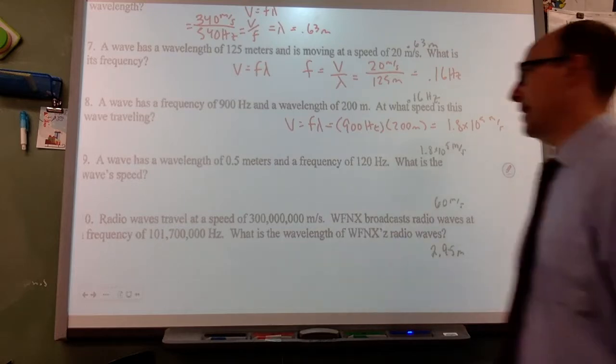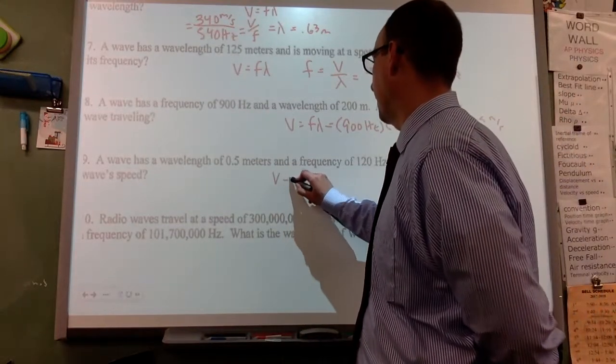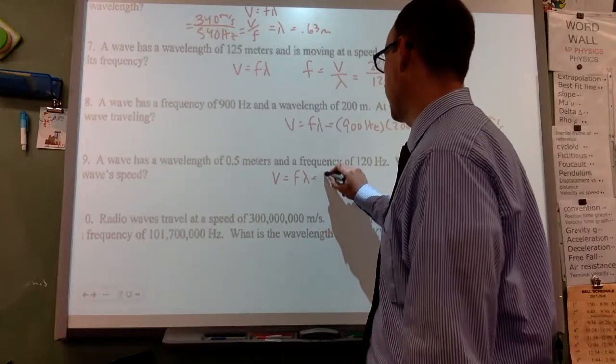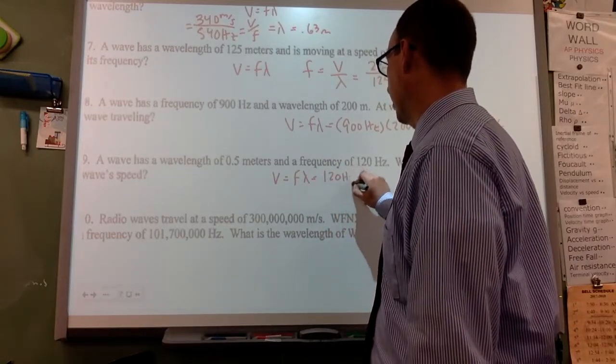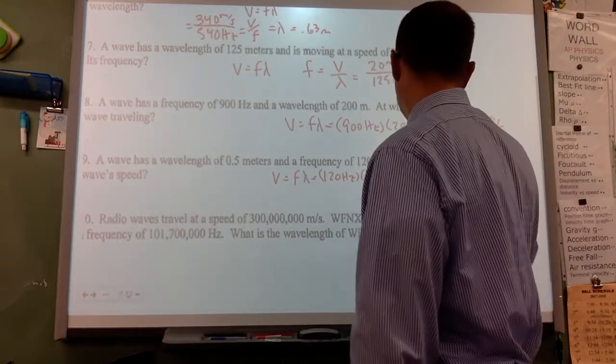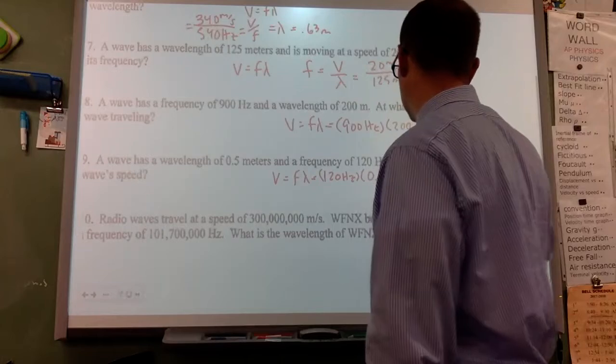And then a wave has a wavelength of 0.5 meters and a frequency of 120. So we have 120 times 0.5, which is 60.